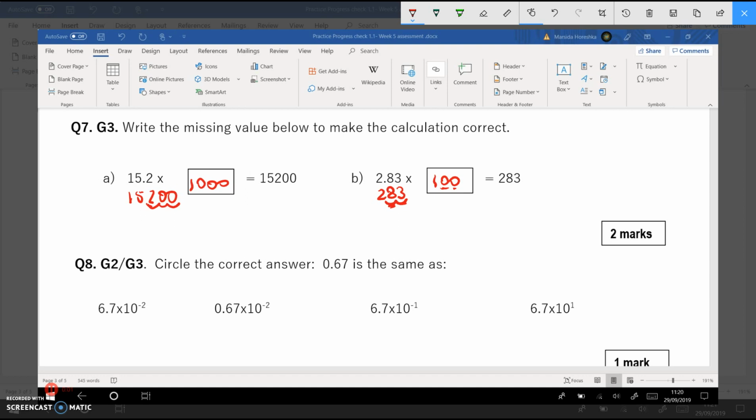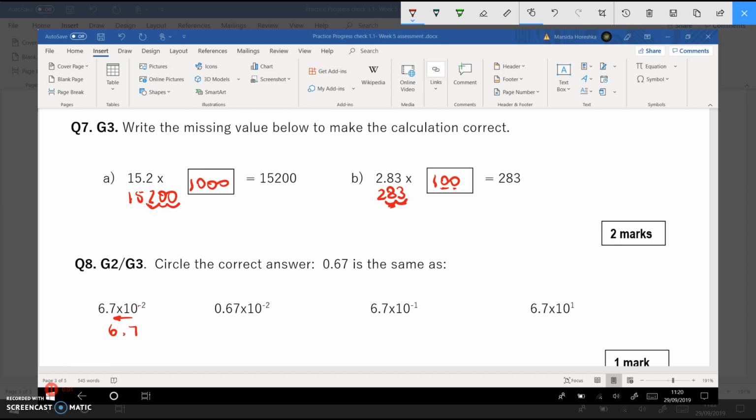So this links to scientific notation. 6.7 times 10 to the power of minus 2. We've got 6.7. When you multiply by 10 to a negative power, that means you're moving in the negative direction. Think of the number line, you're moving in the negative direction.